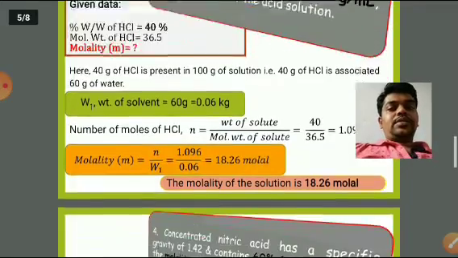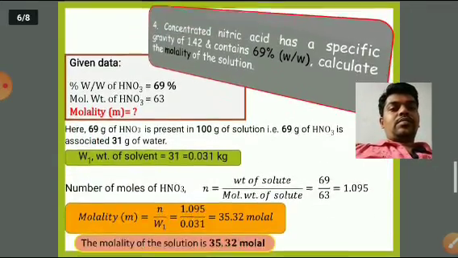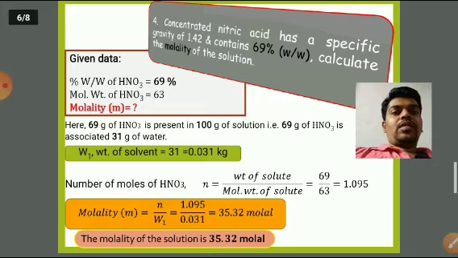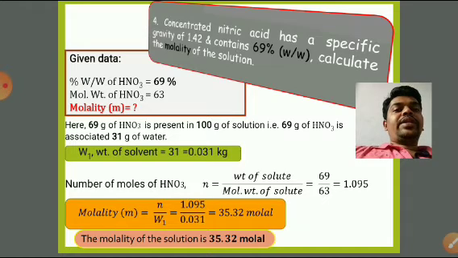The next problem, the fourth one, is: concentrated nitric acid has a specific gravity of 1.42 and contains 69% weight by weight, and we have to calculate the molarity of the given solution.